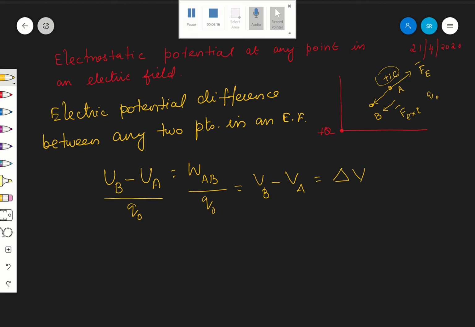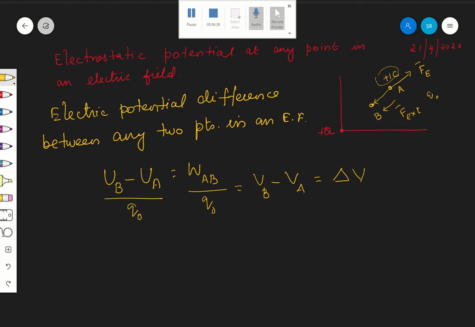Once again, I repeat the definition. Electric potential difference between any 2 points in an electric field is defined as the amount of work done by the external force in moving a unit positive charge from one point to another point without acceleration. Are you following?